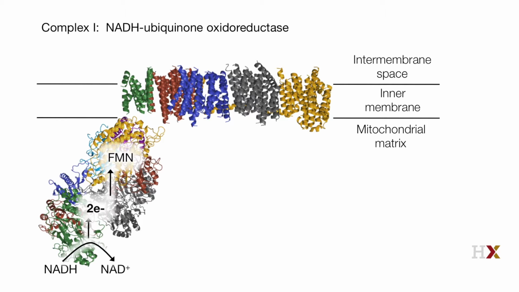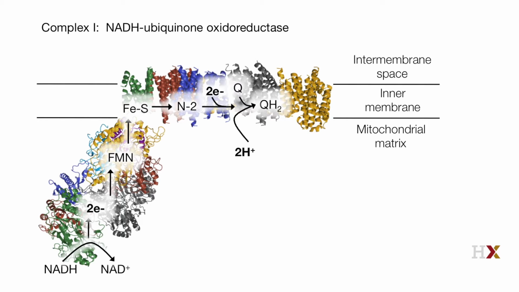First, FMNH2 will give its electrons to a protein that contains an iron-sulfur center. Then this electron will move to an iron-sulfur protein and finally to coenzyme Q. And then the 2 protons that were bound to FMNH2 are directly transferred to coenzyme Q to form ubiquinol, QH2.